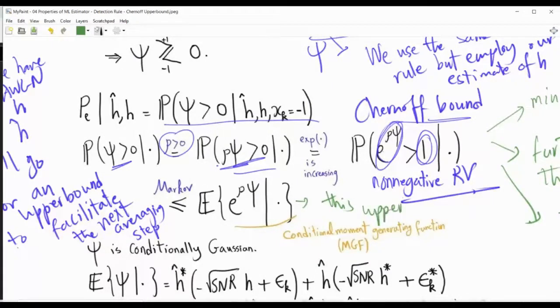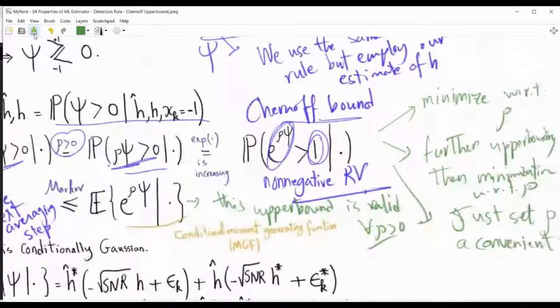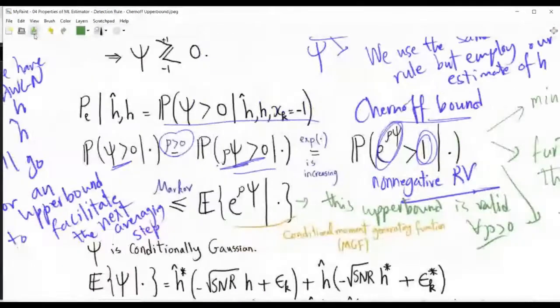This upper bound is valid for every rho that is greater than 0, so let's just choose a rho that is nice. In this lecture, what I will do is option 3. I will not do any minimization, and I will just set rho to a value that makes things easy.